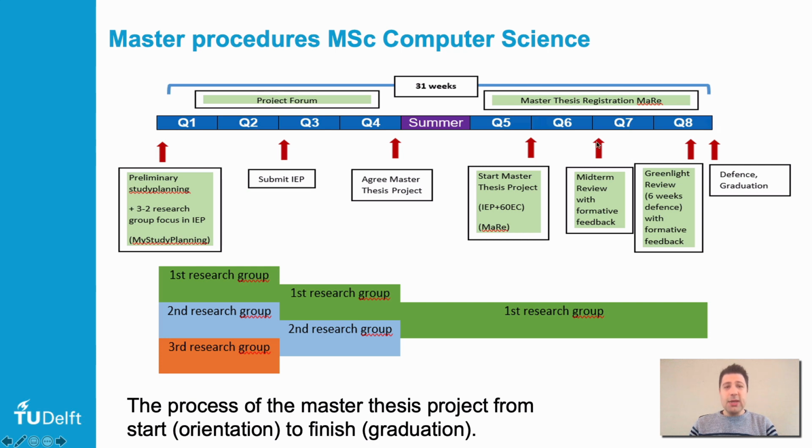And then you basically have a midterm review where we see how you're going with your master thesis. Then very near to the end of your studies, we give you the green light, meaning you can defend your thesis, and then finally you defend the thesis. You present your research, you get feedback from the committee members, and then you graduate and you get your diploma. So that's how it looks like from more of the master thesis perspective.